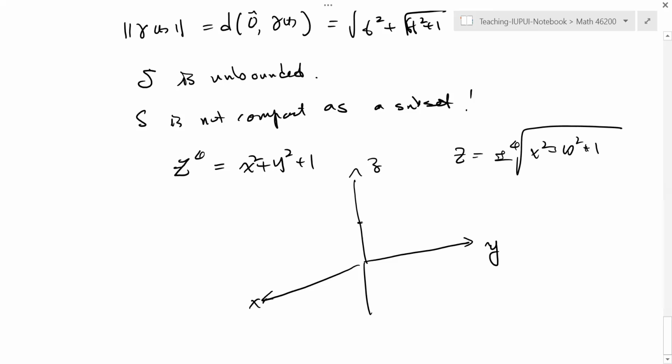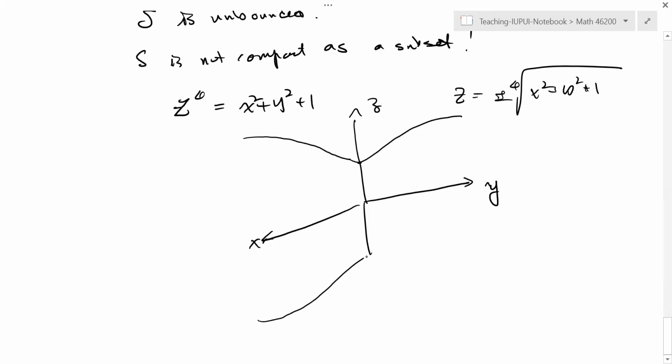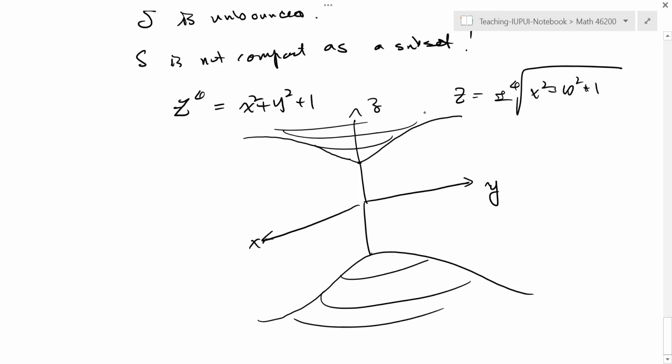It looks like that, and the other one is at the bottom. It's harder to draw. That's two pieces. It's unbounded, going to infinity. Each piece is a graph of the function, the fourth root of x squared plus y squared plus 1.